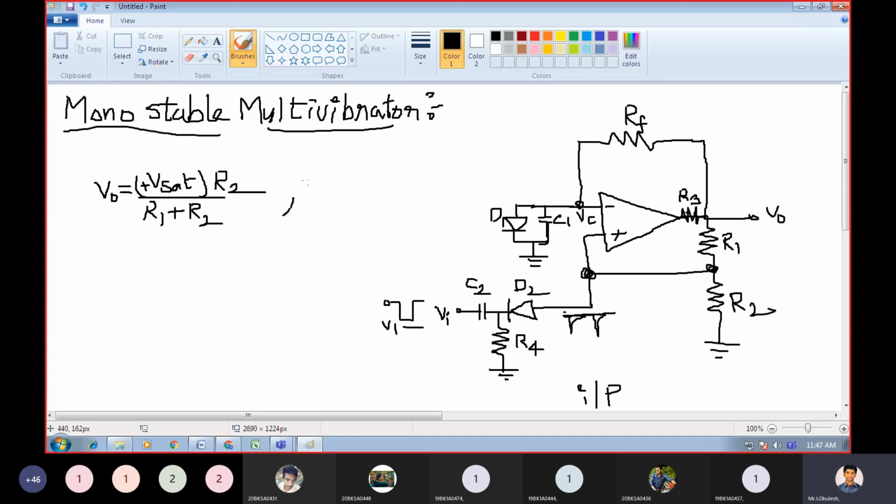The output value switches from positive V saturation to negative V saturation.